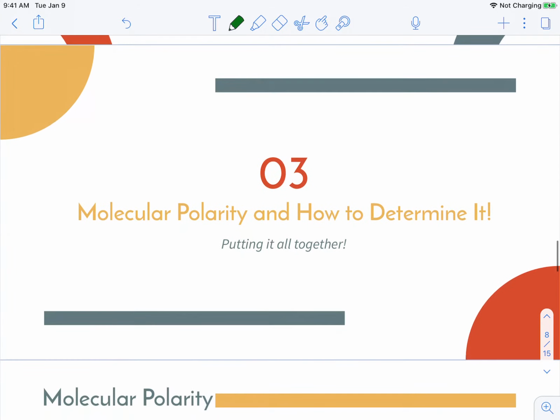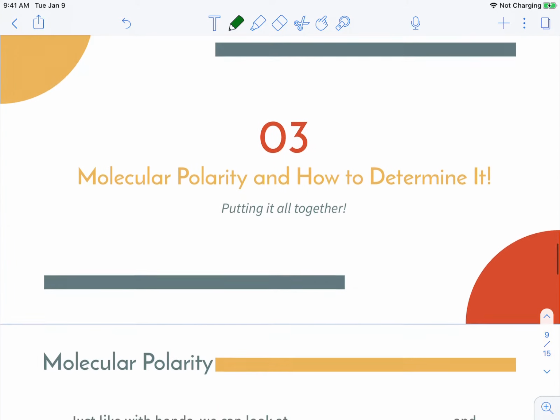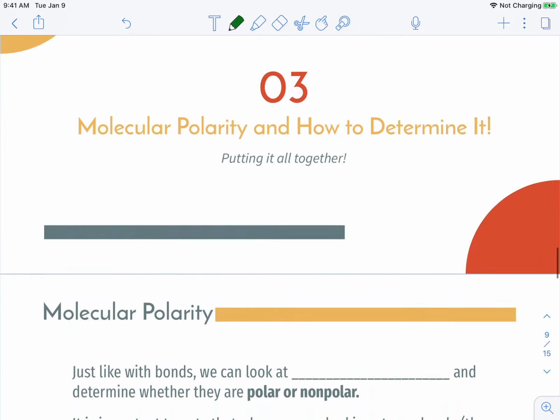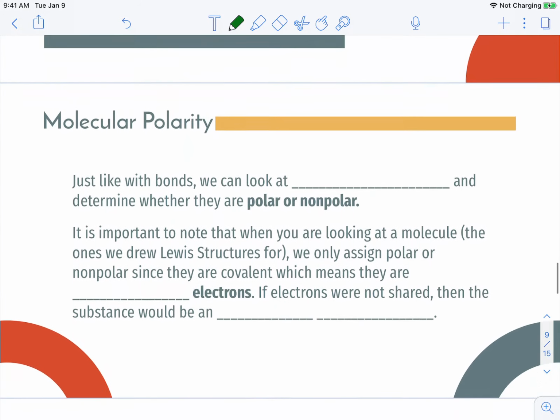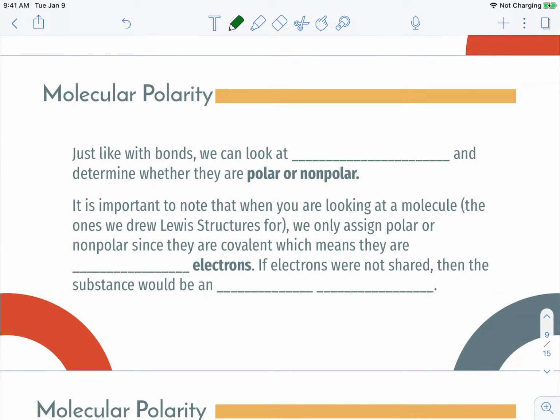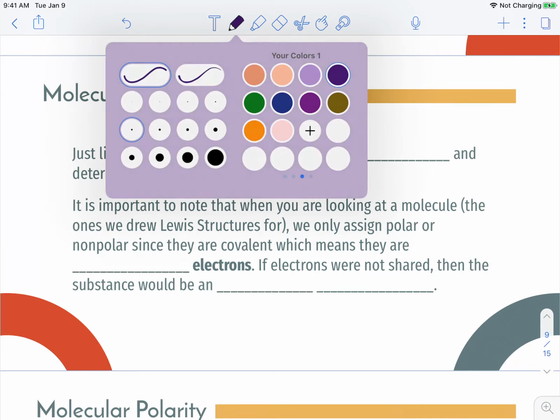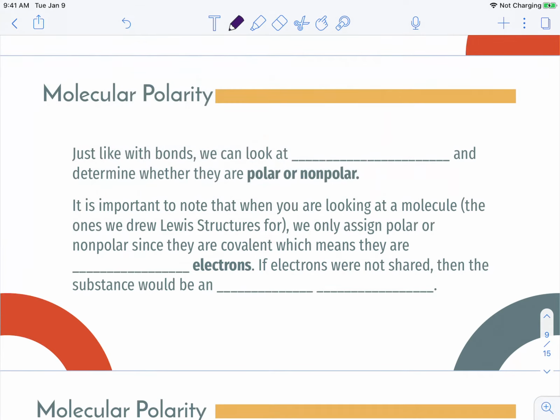All right, so now we're going to take bond polarity and we're going to throw it into a molecule. So how do we determine molecular polarity? Let's talk about molecular polarity first. Molecular polarity is, just like with bonds, we can look at molecules and determine whether they are polar or nonpolar.